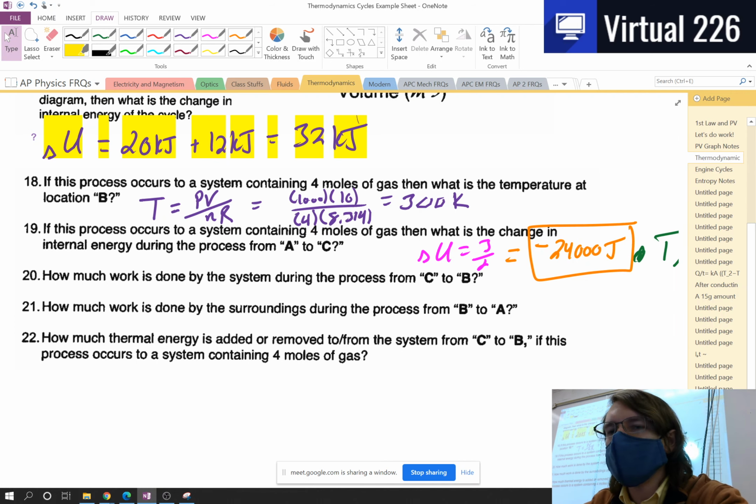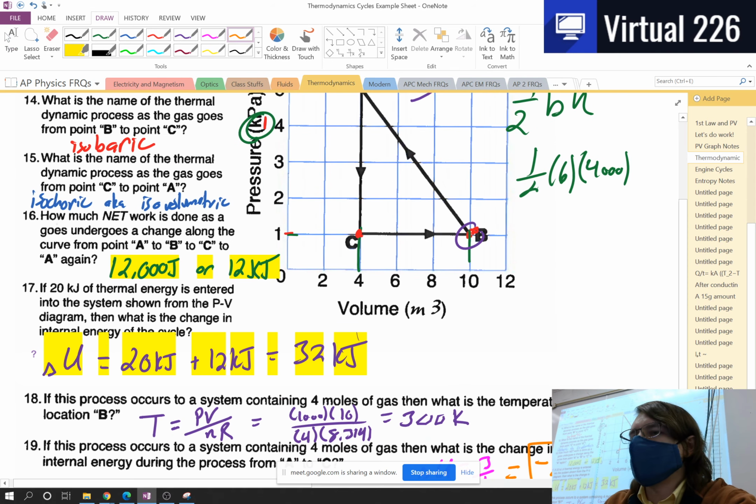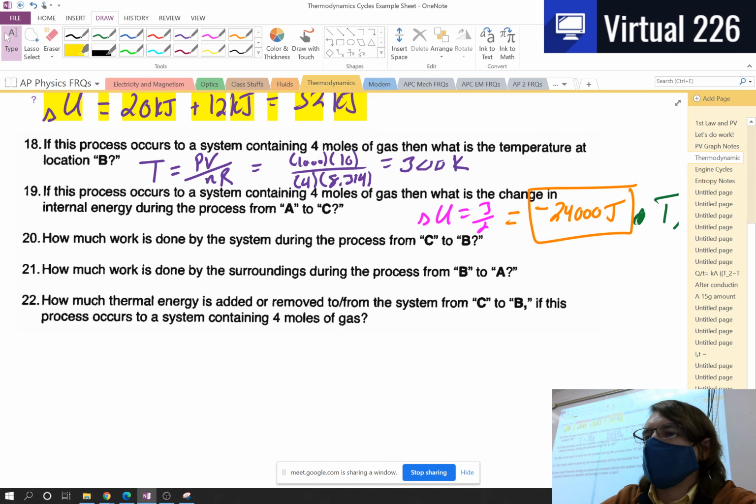Whew. Okay, how much work is done on the system, or done by the system, going from C to B? That's just the area underneath here. So a base of 6 and then up of 1,000. Look at that. It's 6,000.